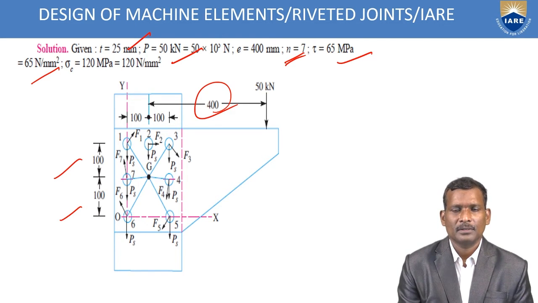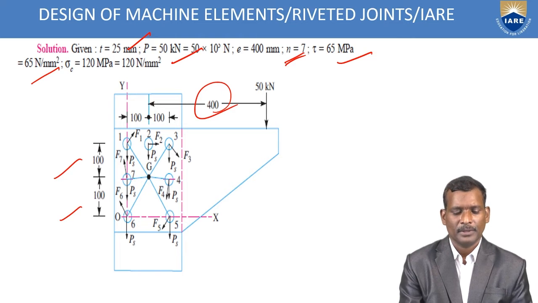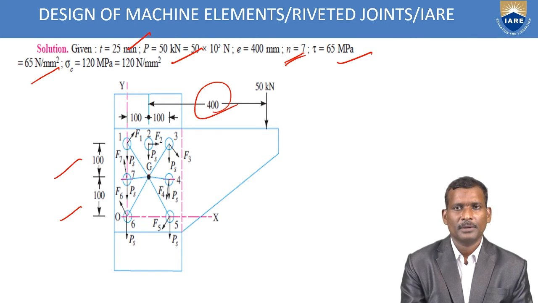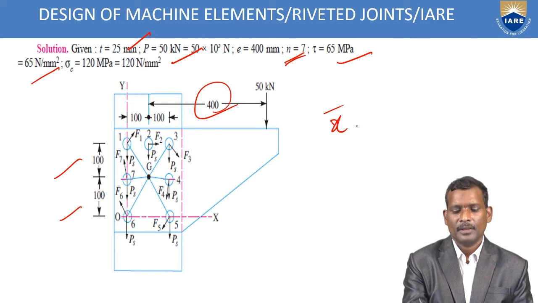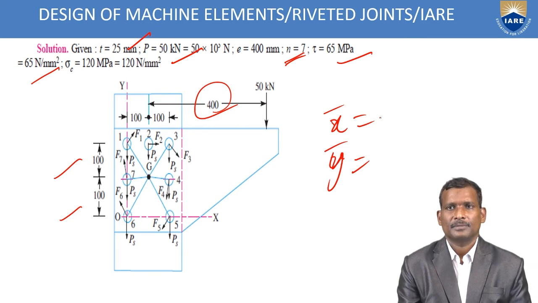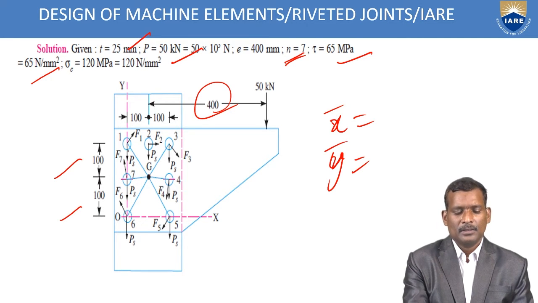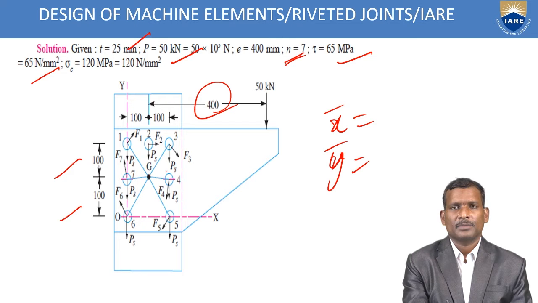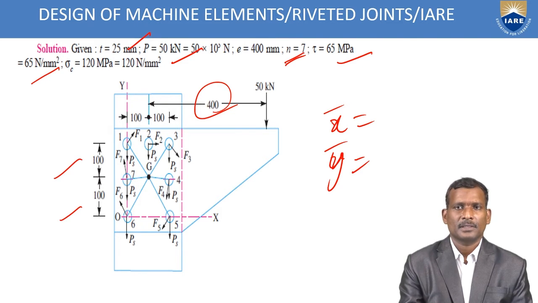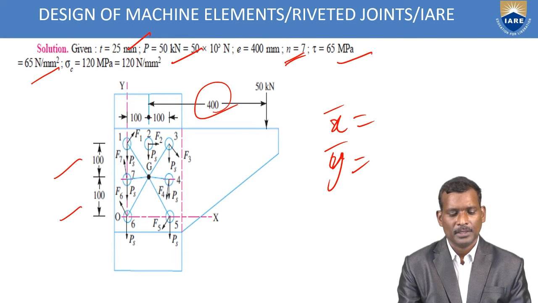As per procedure, first of all find out the center of gravity, x bar and y bar, and then draw the primary shear force diagram, primary shear stress diagram and secondary shear force diagram.